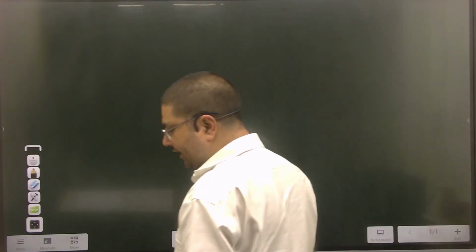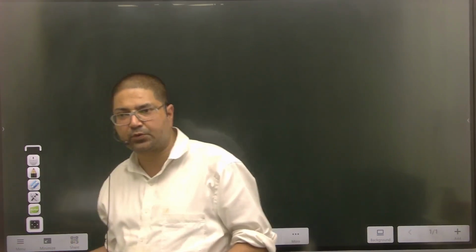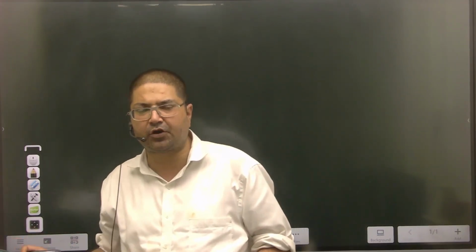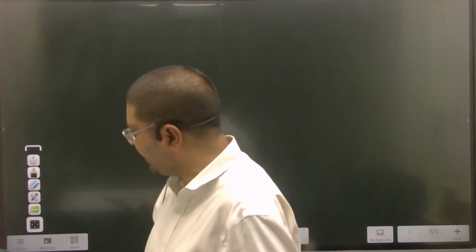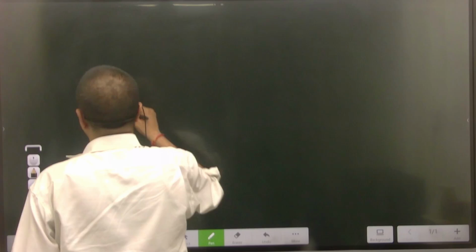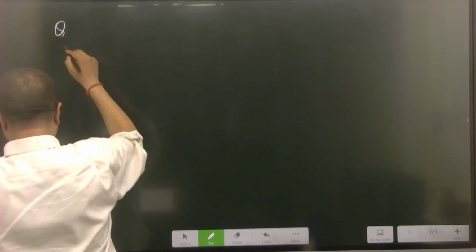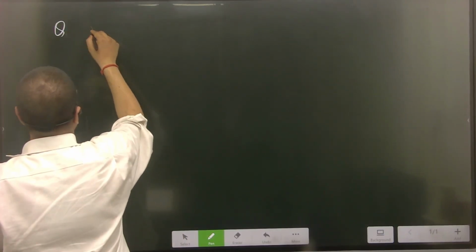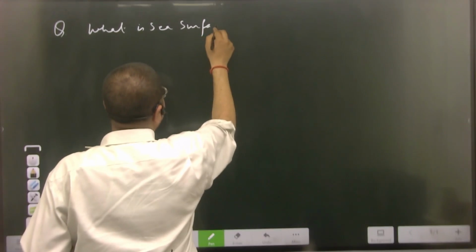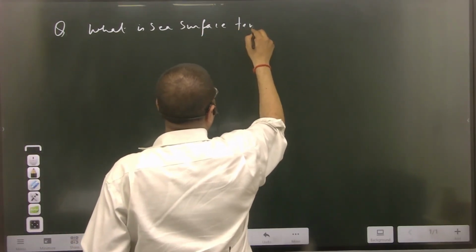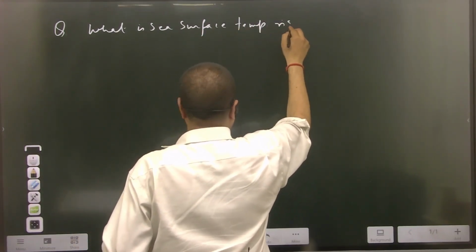Hello friends, today we are going to discuss questions of GS Geography, GS Paper 1, previous year's questions. Previous year one question was asked: what is sea surface temperature rise?